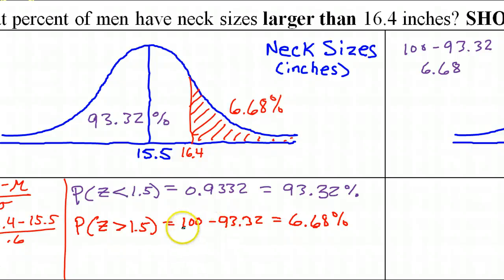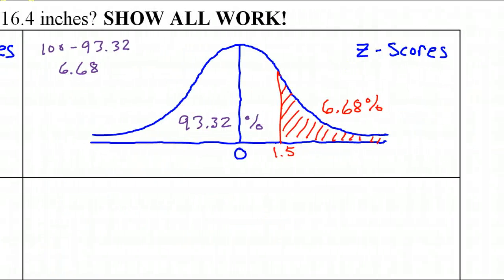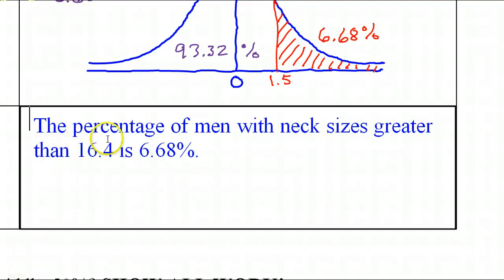Or I could have done 1 minus 0.9332, same thing. Now you just write it up as a sentence. So the percentage of men with neck sizes greater than 16.4 is 6.68%. Or I could have said 6.68% of men have neck sizes greater than 16.4. Either way you want to read it.